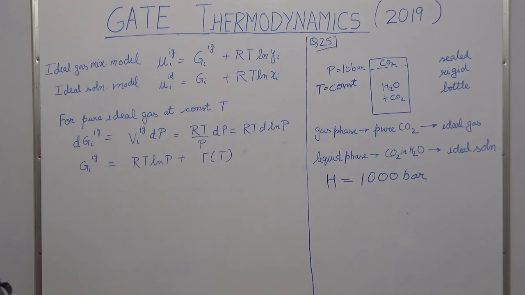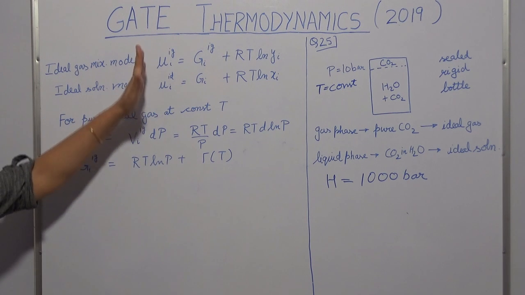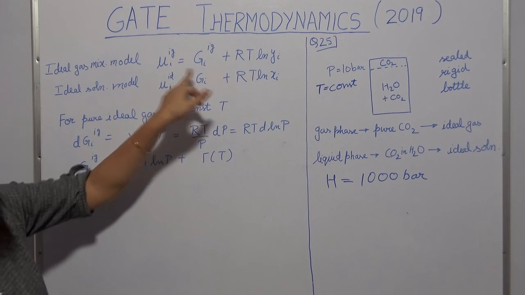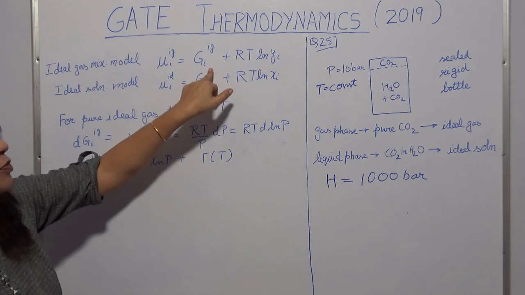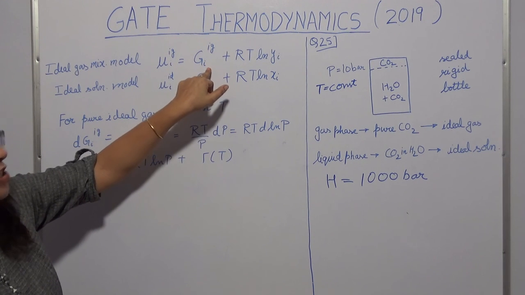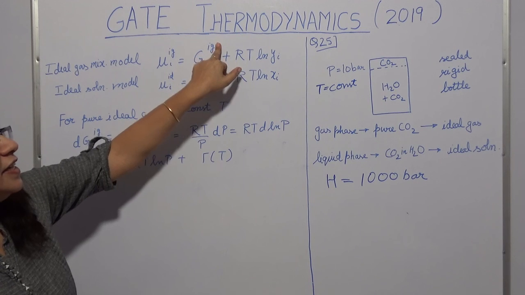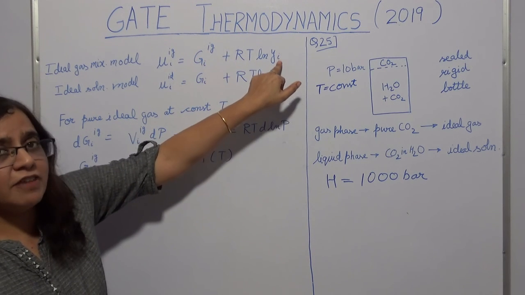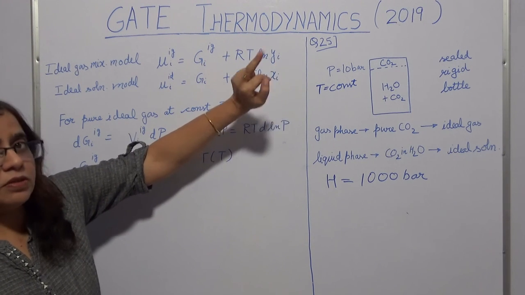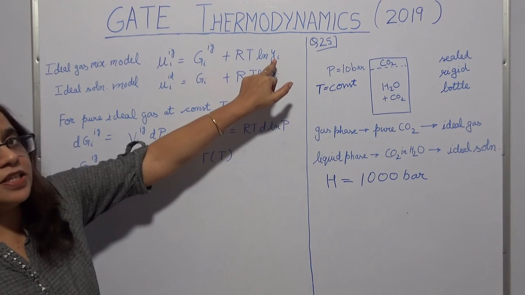In this case, I have written the ideal gas mixture model, that is, in terms of the Gibbs free energy of species i when it exists as an ideal gas, plus RT ln Yi, where Yi is the mole fraction in the vapor phase.